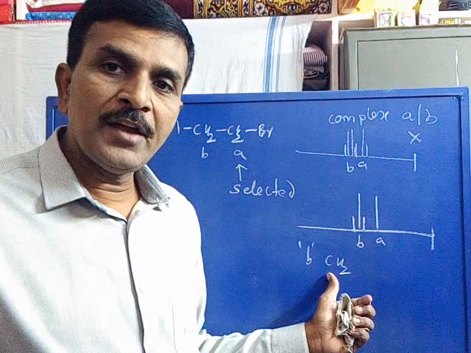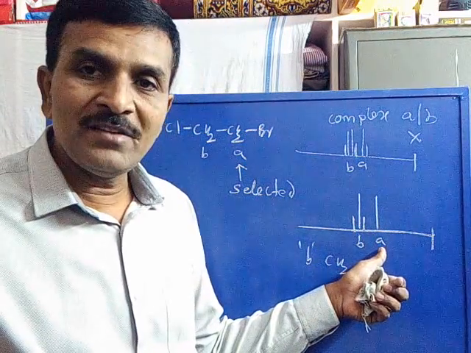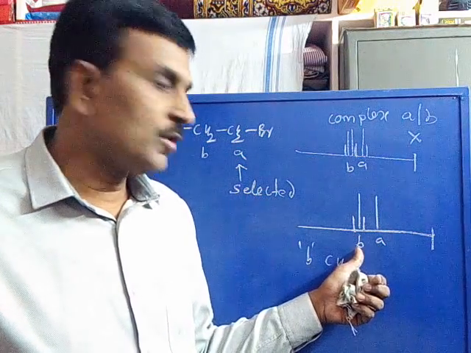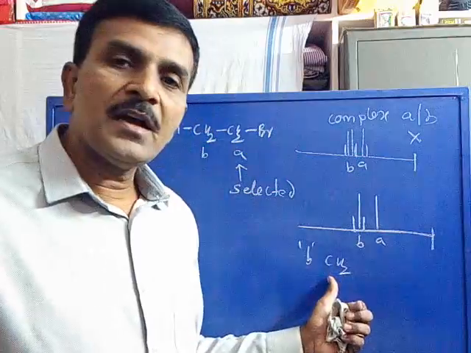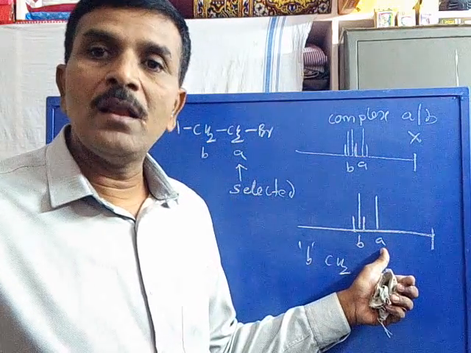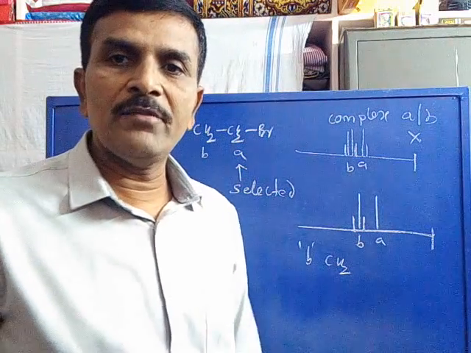How do we identify? Based on its multiplicity: when we record one carbon signal as a singlet, automatically the second is separated, so that it indicates the B carbon is a CH2. Now the A carbon is still unknown. The nature of the A carbon is not known. It may be CH3 or whatever it may be.